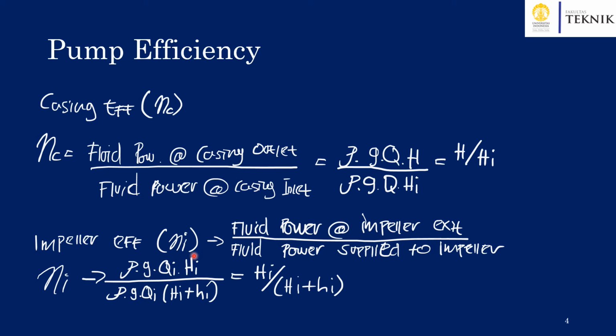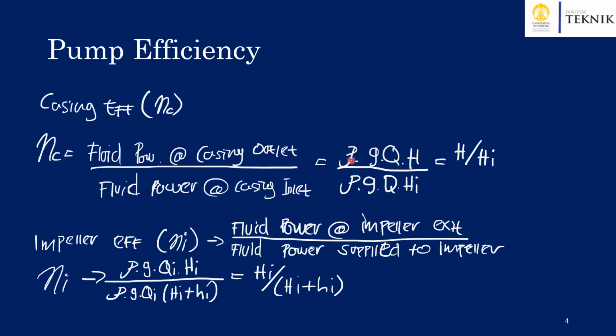As we already discussed the losses that occur in a centrifugal pump, these losses lead us to the efficiency of each loss. So we have casing power losses, and now we have the casing efficiency, which is a function of the fluid power at the casing outlet divided by the fluid power at the casing inlet.